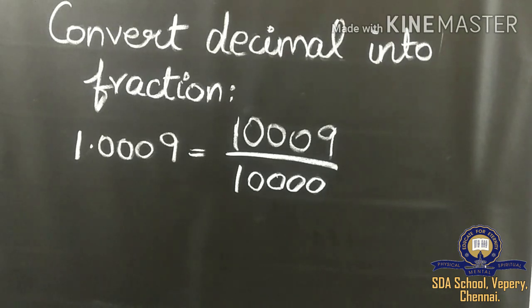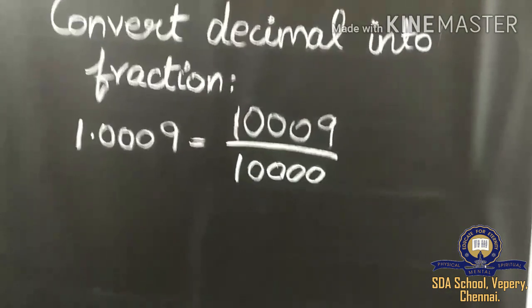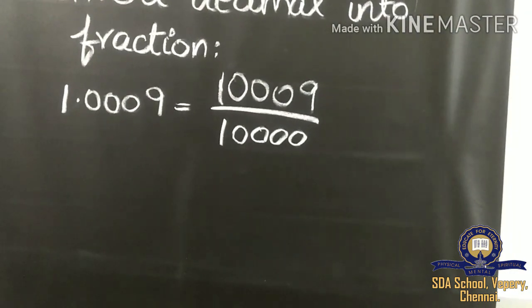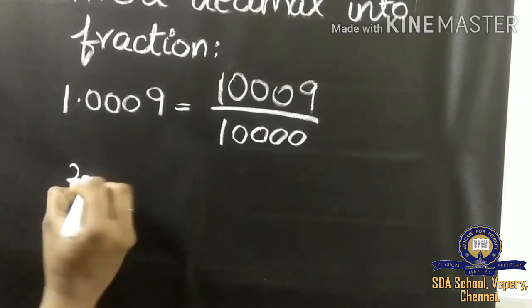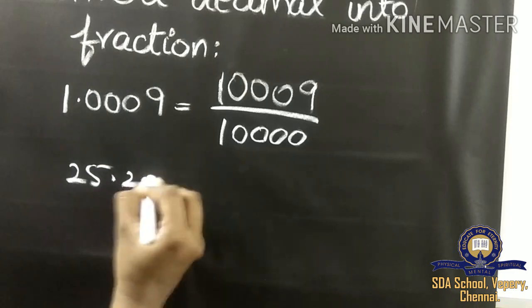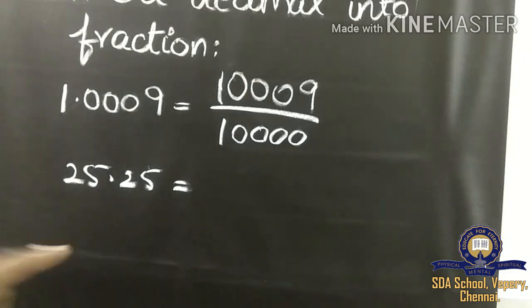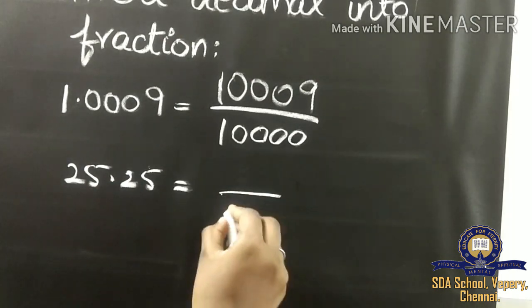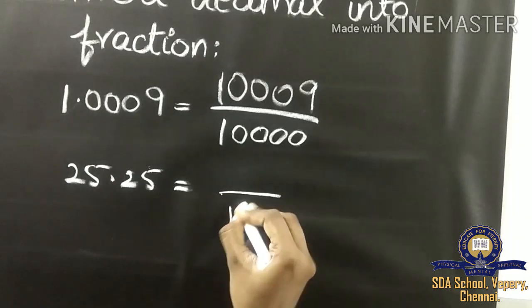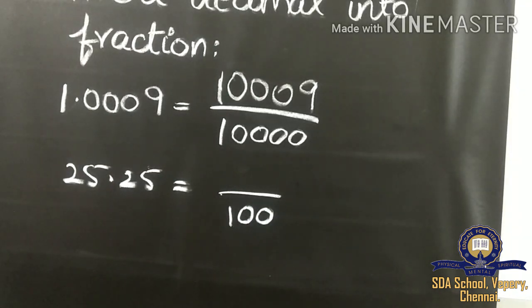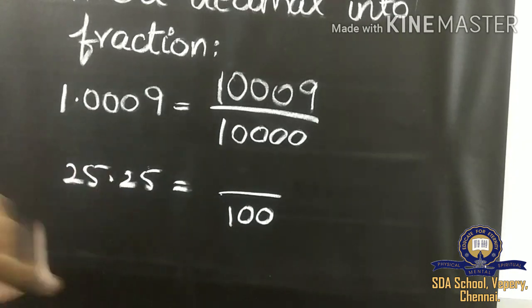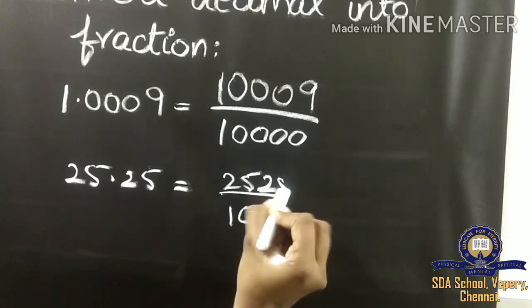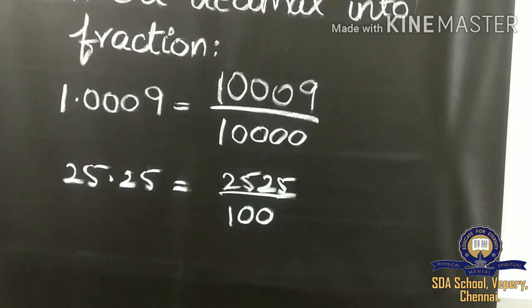Let's see another example of how to convert a decimal into a fraction. If the given value is 25.25, here you can see that there are 2 numbers after the point. So we are going to add 2 zeros. That means 100. And we should put the numbers as they are, removing the point: 2525. Can you divide this, right?